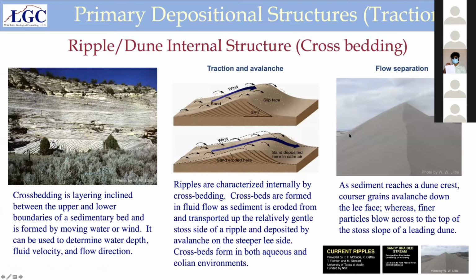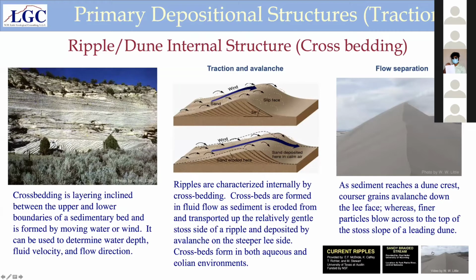So the coarser particles are moving up the dune by traction, and they avalanche down the other side. The finer particles can remain airborne or waterborne for some distance, and can even rest on the back of the dune that is ahead of them as this migrates up, and that can form another set of sedimentary structures.